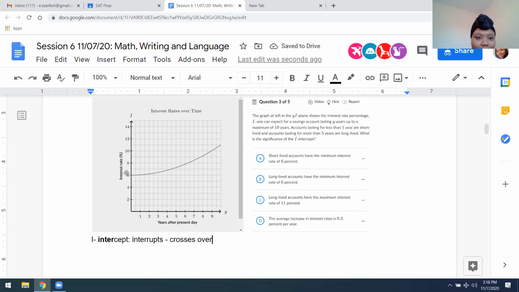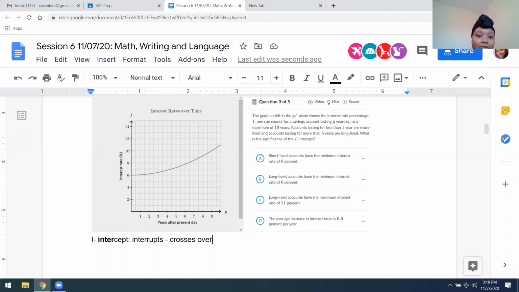So this line that we're drawing intercepts the I line at the I-intercept. Because if you notice, most of the time when you make plots on graphs like this, you're getting a number for one axis and a number for another axis, and you have to find where that point meets at both of them.